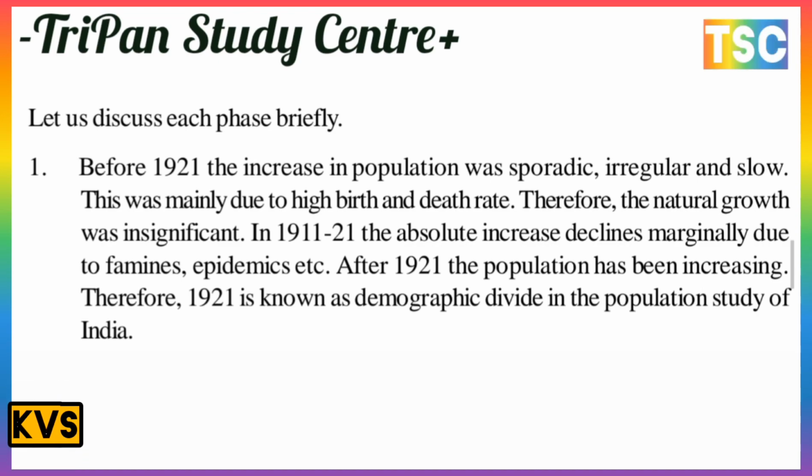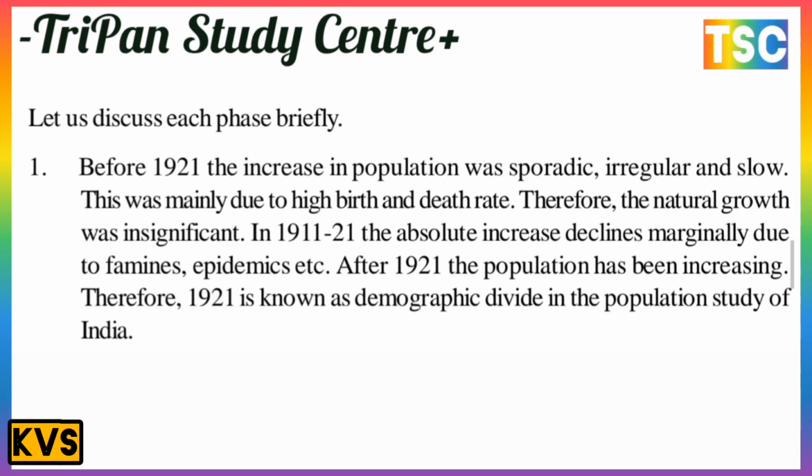First, before 1921. The increase in population was sporadic, irregular and slow. This was mainly due to the high birth and death rates. Therefore, the natural growth was insignificant.